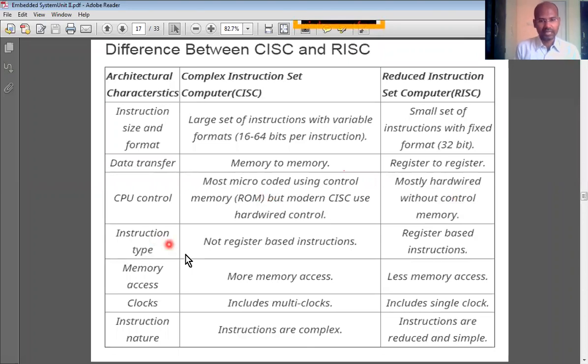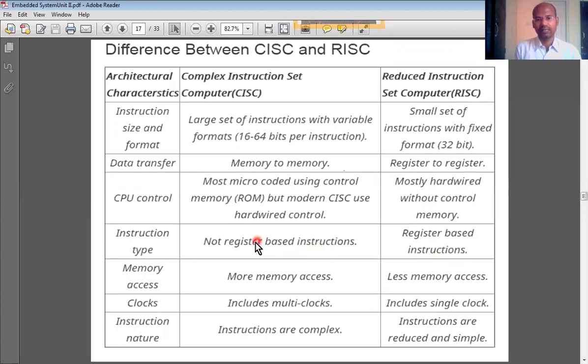Next, instruction type. In CISC, these are not register based instructions. Many instructions take the operands from memory, whereas in RISC all the operands are coming from the registers. Operands are the registers in RISC, whereas here they are memory locations.